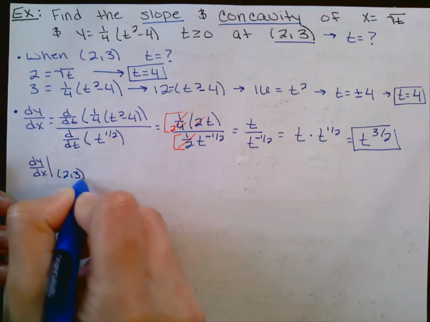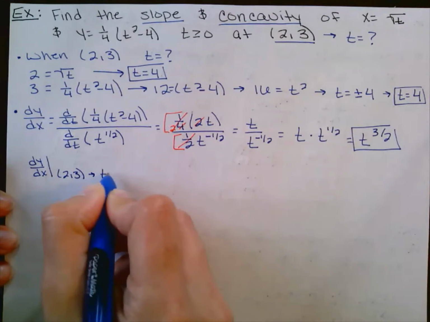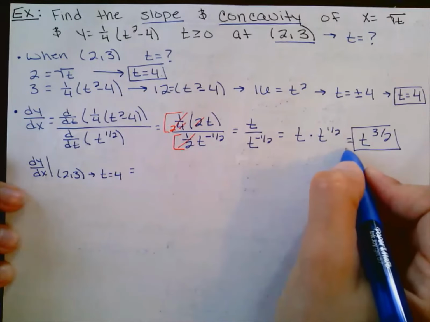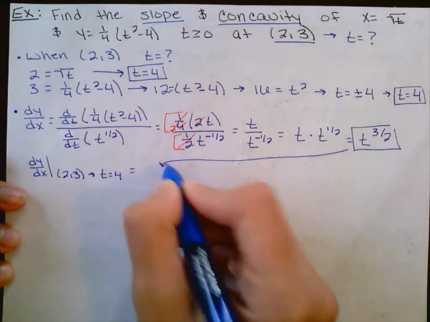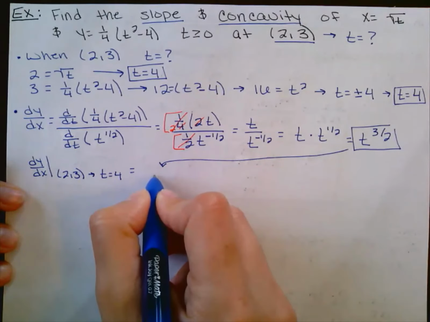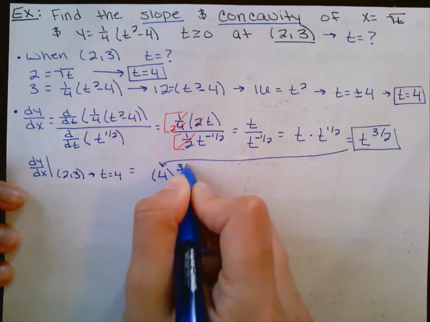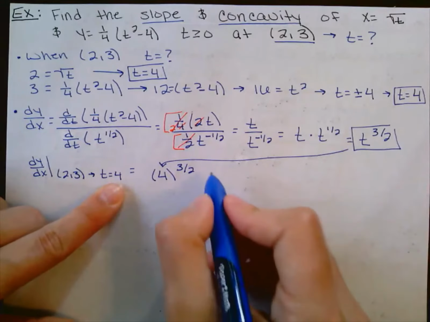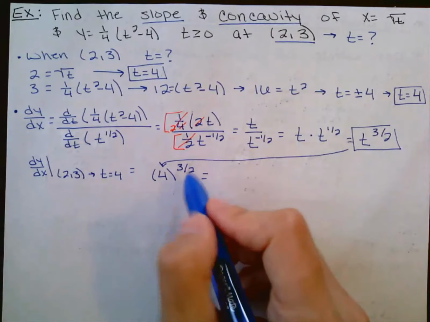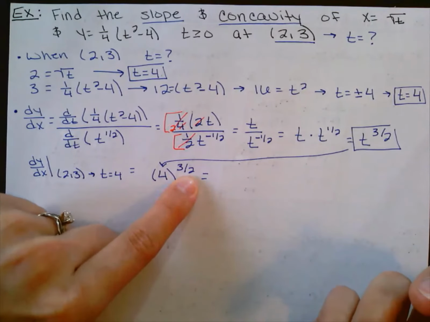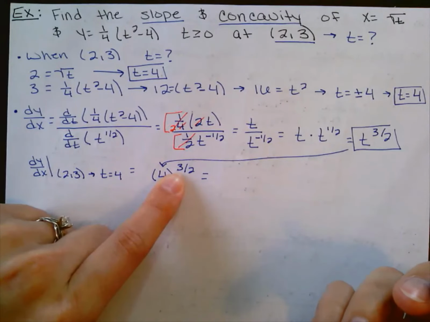Now I'm going to do the derivative at 2 comma 3, which is t being 4. So now I'm going to plug that in, and I'm going to say 4 raised to 3 over 2. I'm just plugging that 4 into the t. Now remember, when you have a fractional exponent, the denominator is the root and the numerator is the exponent.